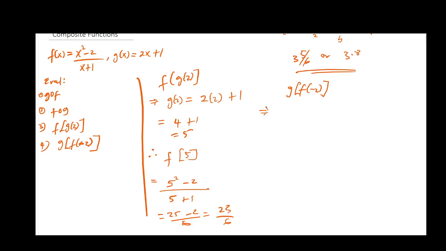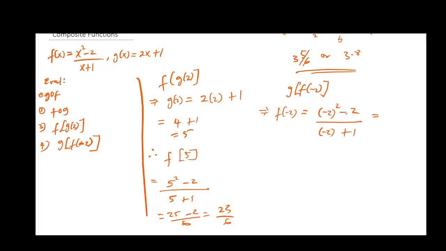So this will imply that f of minus 2 will give us minus 2 squared minus 2 all over minus 2 plus 1.